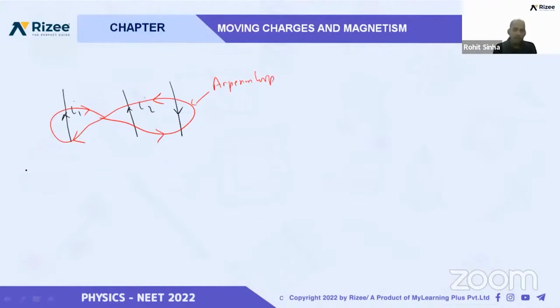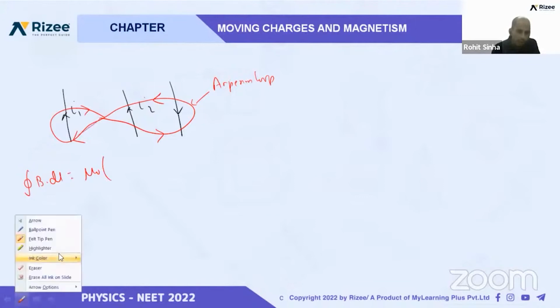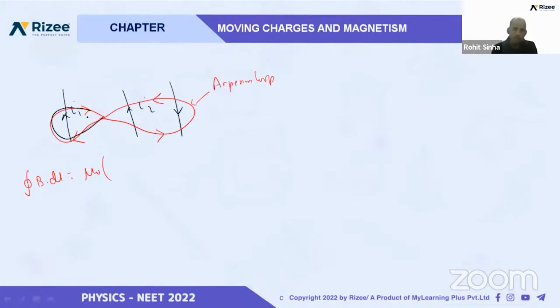You will write closed integration of B dot dl equal to mu naught times net current. In the direction of the loop, curl your four fingers; your thumb points inward, so I1 will be negative.